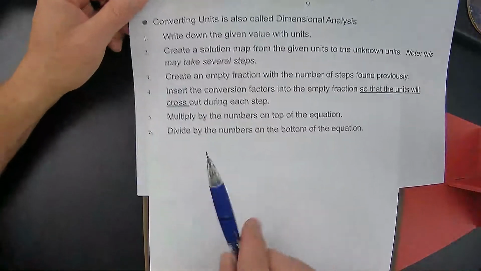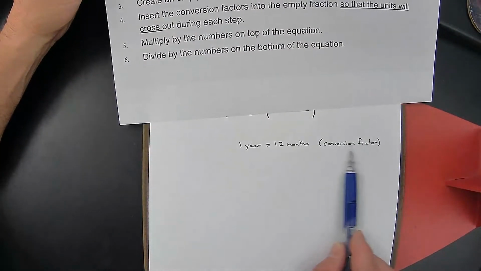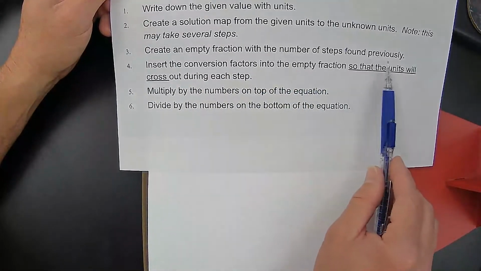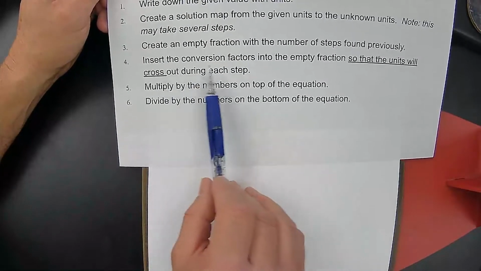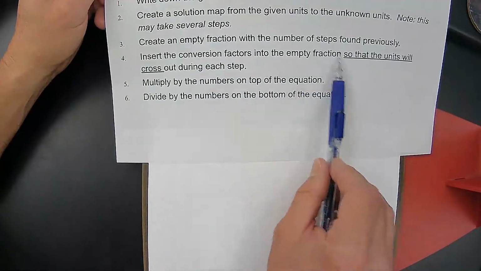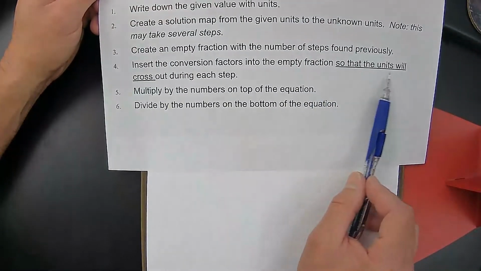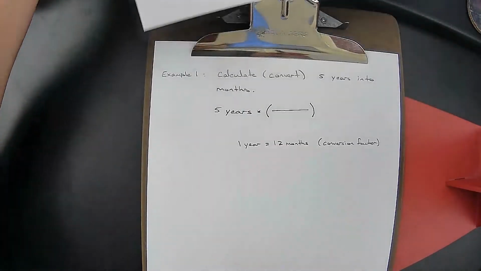The fourth thing that we're going to do is insert the conversion factor. Here's our conversion factor from our solution map with the number of steps found previously, our empty fraction. We're going to insert that conversion factor into the empty fraction. But here's the important part: so that the units will cross out during each step.